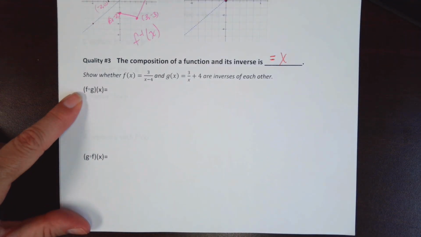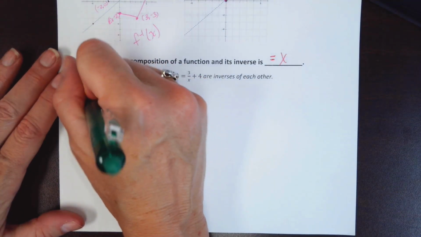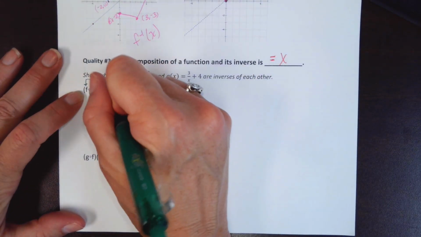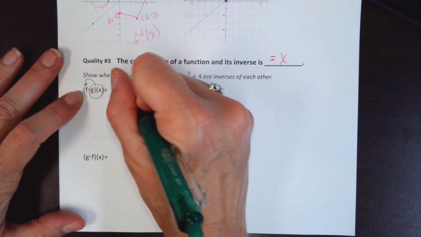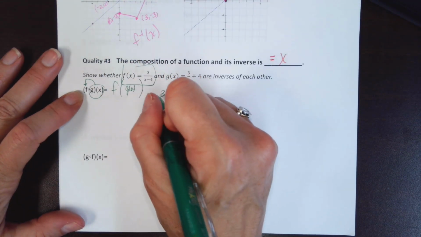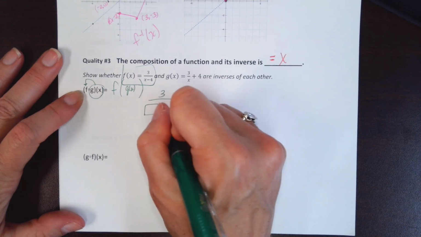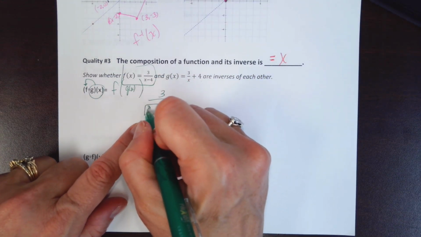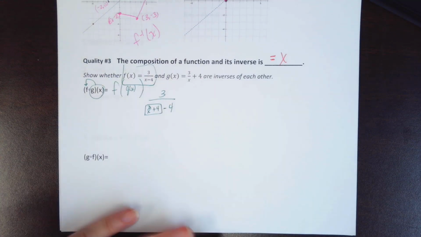Now remember that order matters with composition of functions, so I'm going to start by taking g of x and plugging it in to f. So I've got f, I'm going to plug in the g of x function, so I start here, 3 over, and then I take out that x and replace it with the other function. So that other function is 3 over x plus 4.